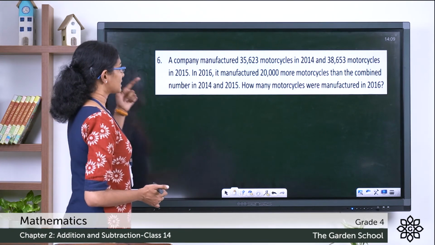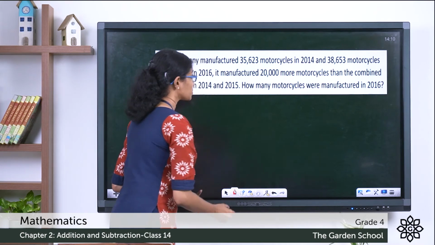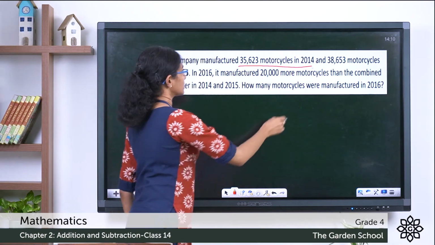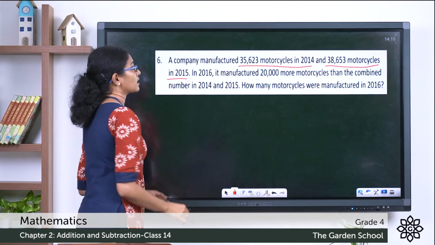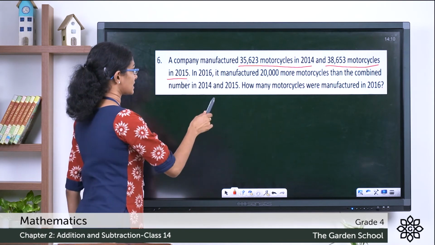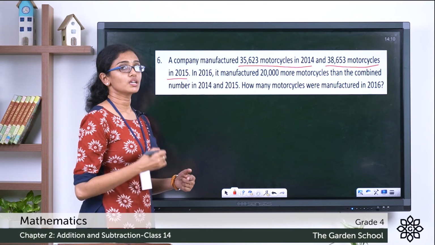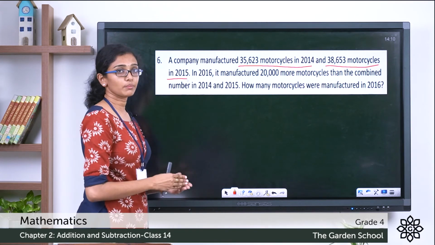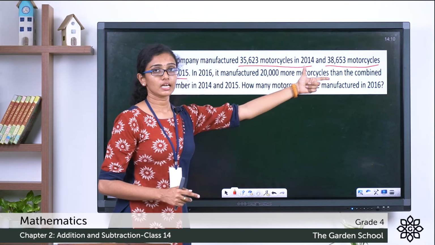So, in the question, we are given the number of motorcycles that was manufactured in 2014 and then the number of motorcycles manufactured in 2015. And also in the question, it is said that in 2016, it manufactured 20,000 more motorcycles than the combined number of motorcycles built in 2014 and 2015.